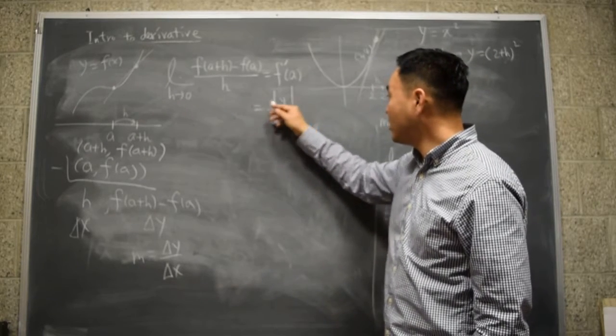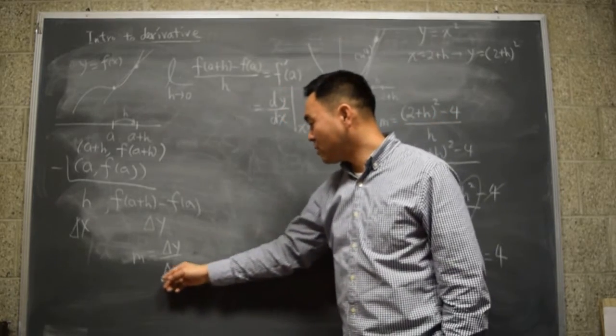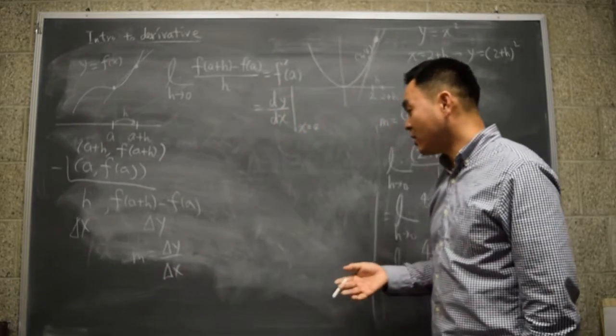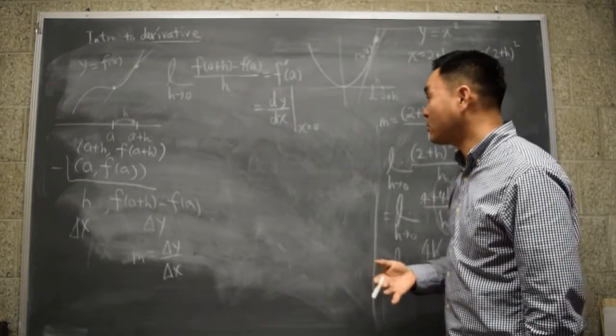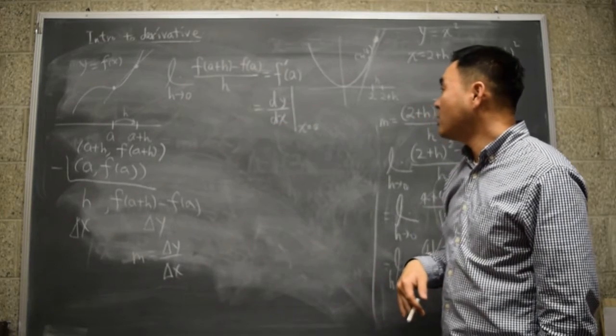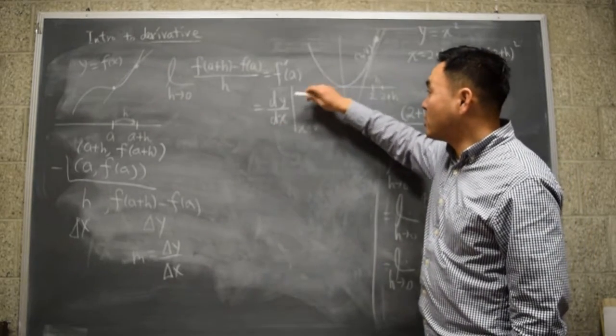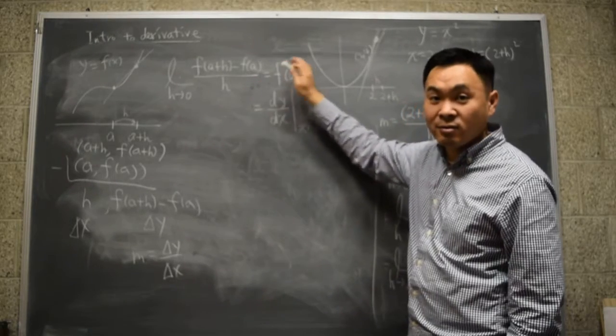So this is like inheriting its symbol from its origin. And it later turns out that this way of thinking gives you a lot of benefits, so that's also used. Okay, so this is called the derivative. That's the definition of the derivative at x equal to a of a function.